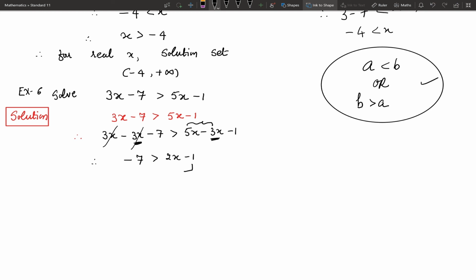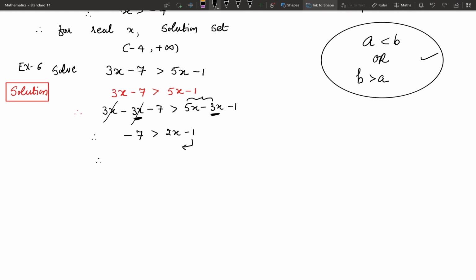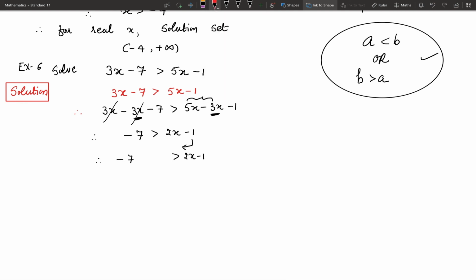Transfer minus 1 to the opposite side, or you can add plus 1 both sides. Let us add plus 1 both sides. We add the additive inverse of minus 1, that is plus 1.